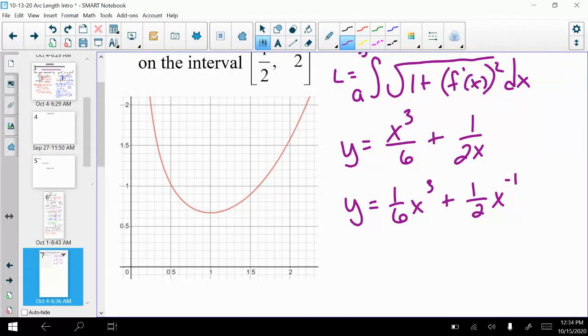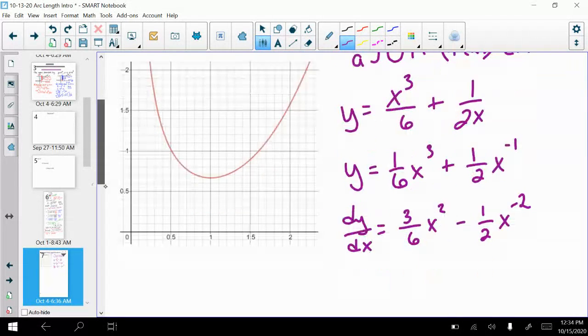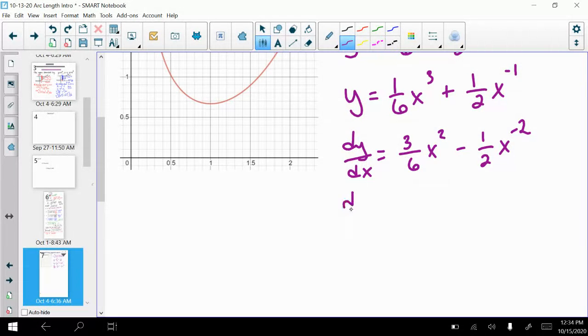So make sure we're thinking about that, changing your functions so they're easy to take the derivative of. Then dy/dx is going to be 3 over 6 x squared minus 1 over 2 x to the -2. And if you guys notice, what we have here is that dy/dx equals 1/2 x squared minus 1/2 x to the -2.